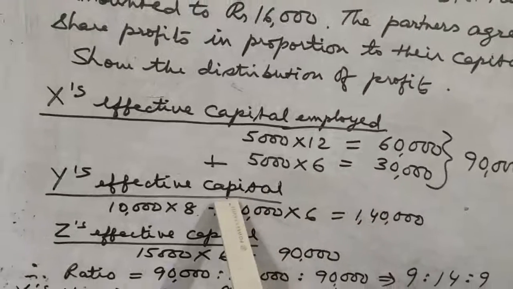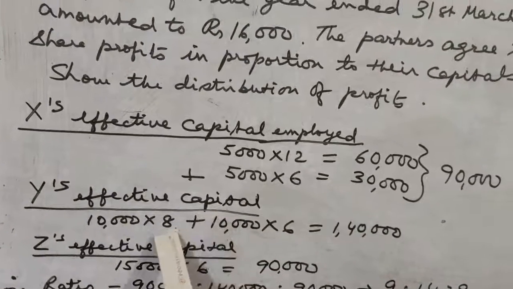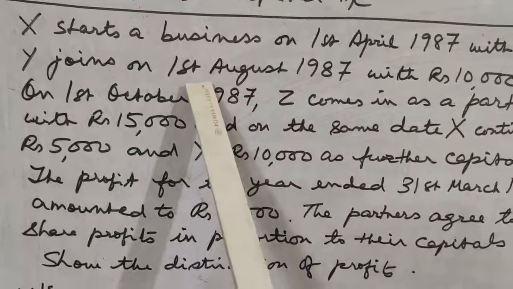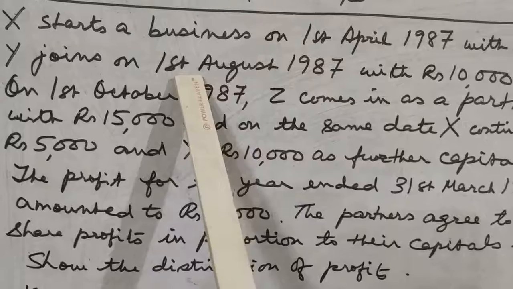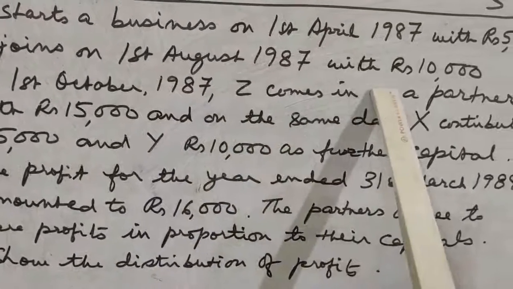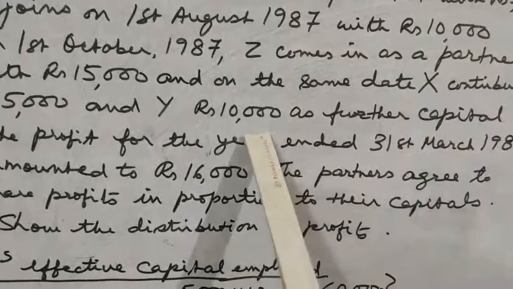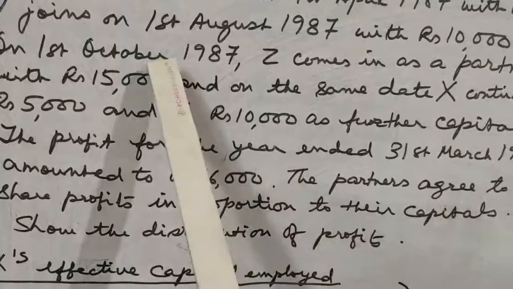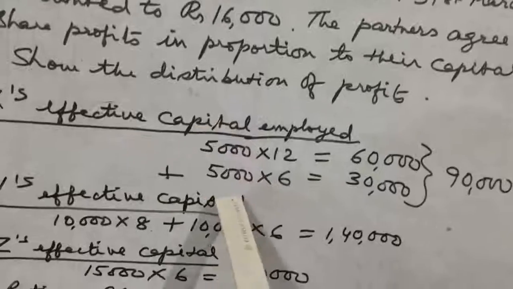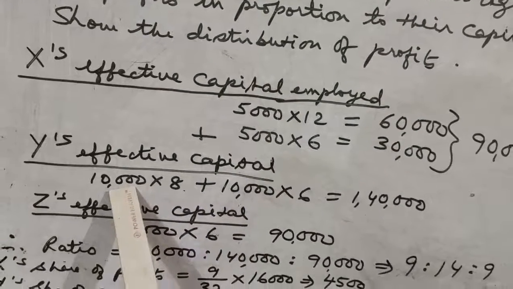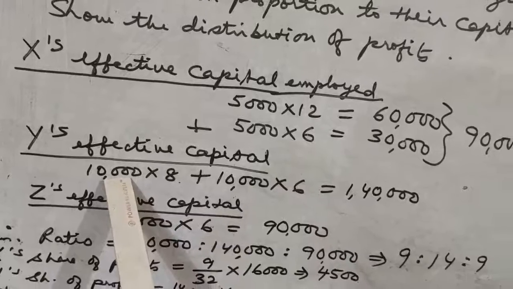Now if you look at Y's effective capital, Y joins the business on 1st of August 1987 with 10,000 and he puts in rupees 10,000 as further capital on 1st of October. That means 10,000 rupees he employed from 1st of August till 31st of March, that is 8 months.